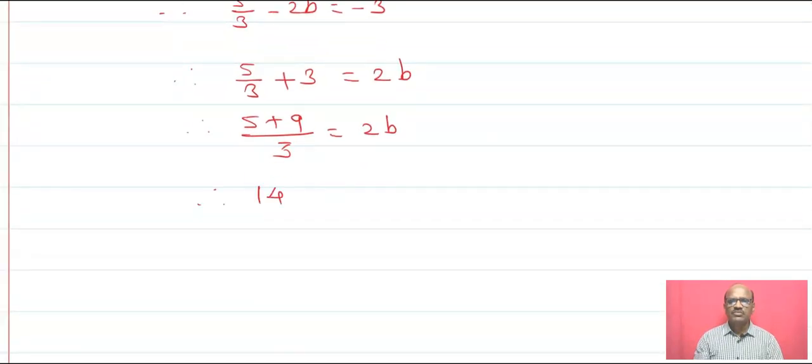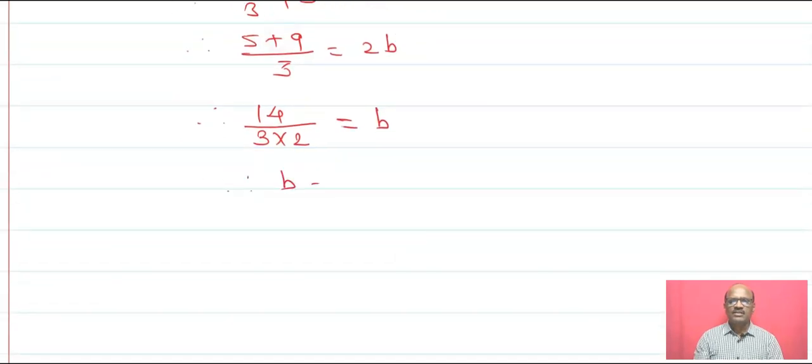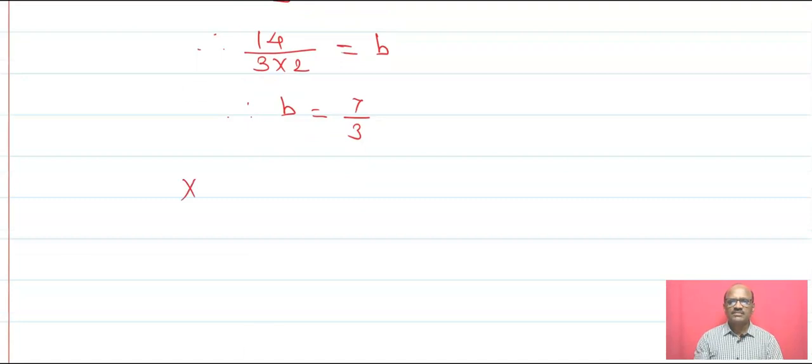Therefore, b is equal to 14 upon 3 into 2, and that's why b is equal to 7 upon 3. Therefore, X is equal to 5 by 3 and 7 by 3.